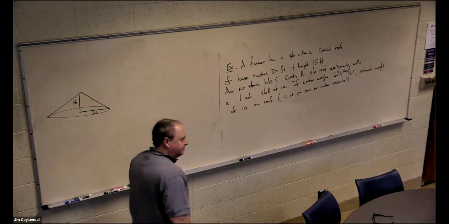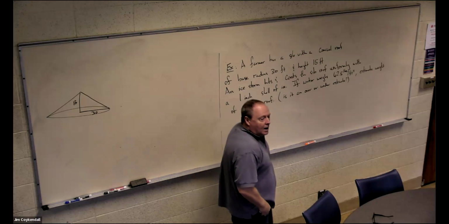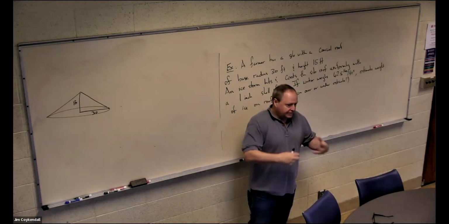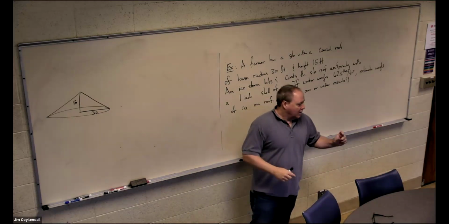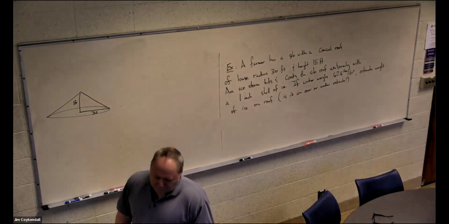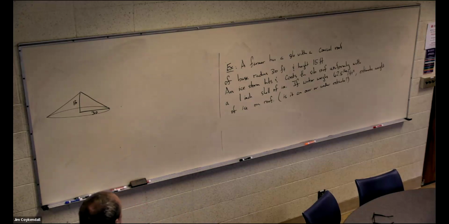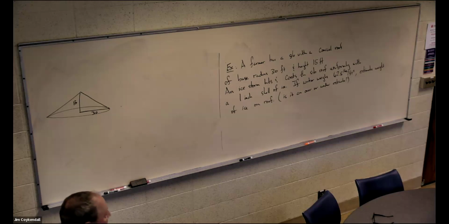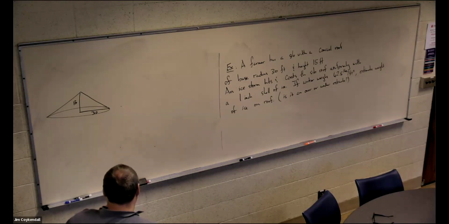Along comes this ice storm and it coats his roof 1 inch thick with ice. He wants to know how much that ice is going to weigh. Is it going to compromise his roof?